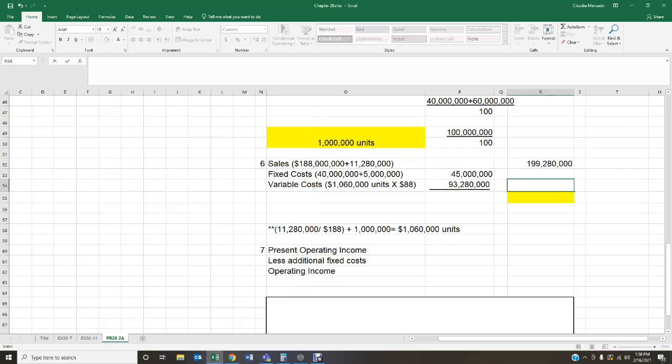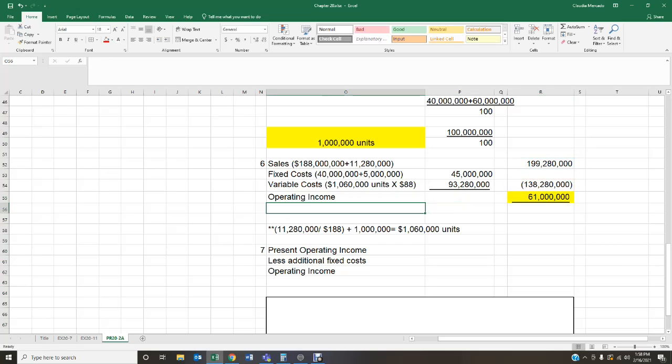And I'm going to put that in parentheses, because your fixed and variable costs are subtracted from your sales to calculate your operating income. So therefore, your operating income will be your new sales minus your variable and fixed costs combined. That will give you operating income of $61 million.